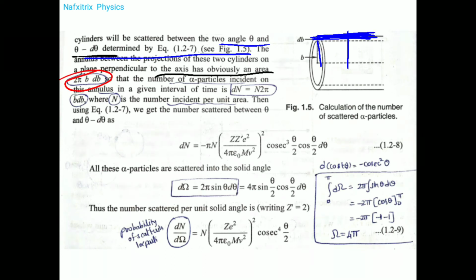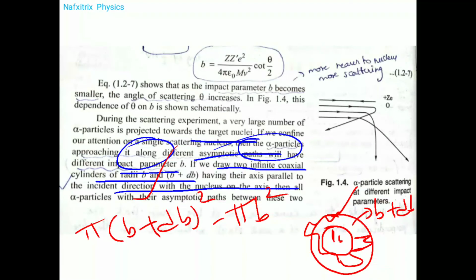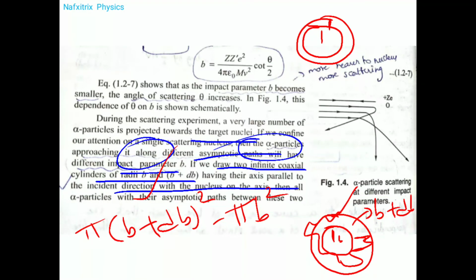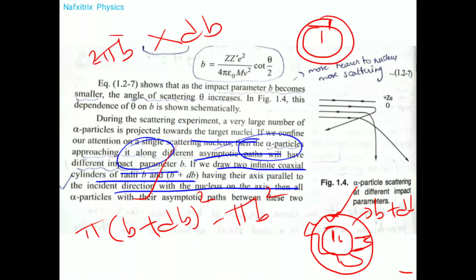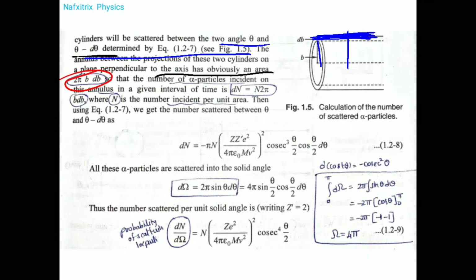From that formula we could get this, or else if we think creatively, this is a circle of radius b, and the outer layer is of width db, so 2 pi b into db. We would get the thickness of this ring-like shape. So 2 pi b db is the area of the annulus between them.